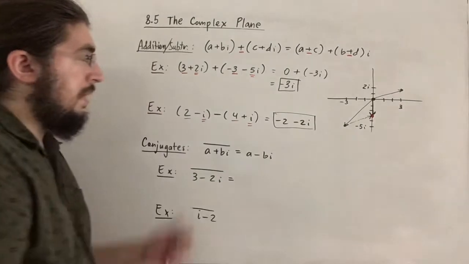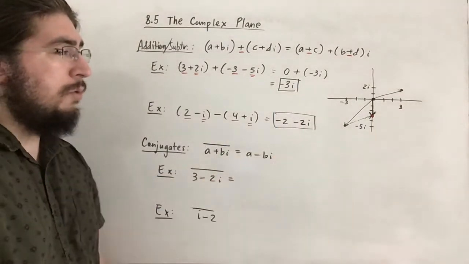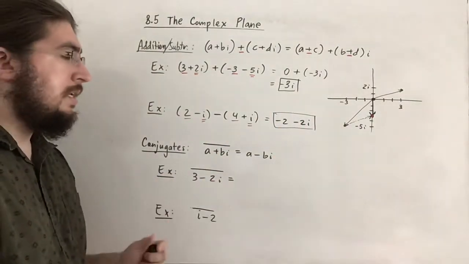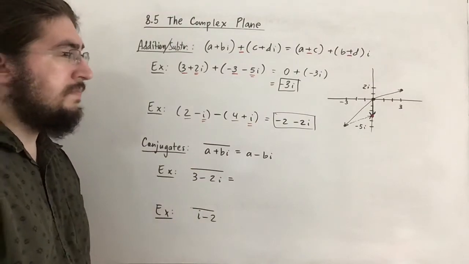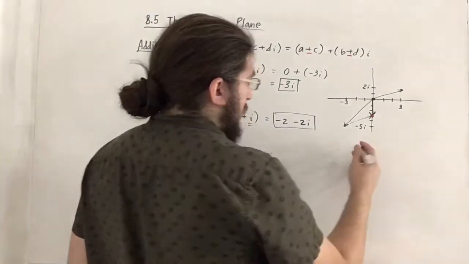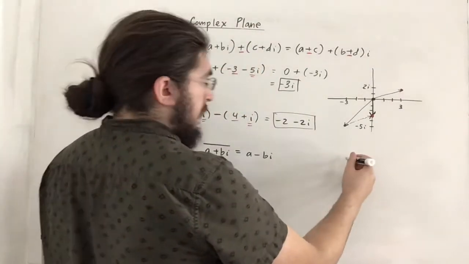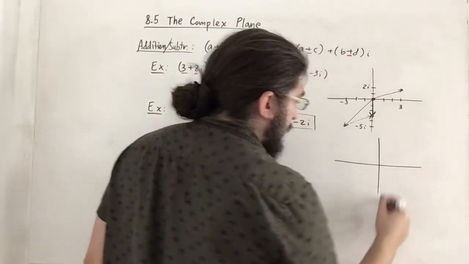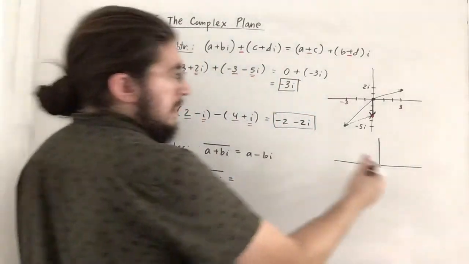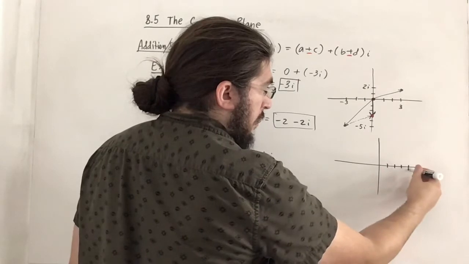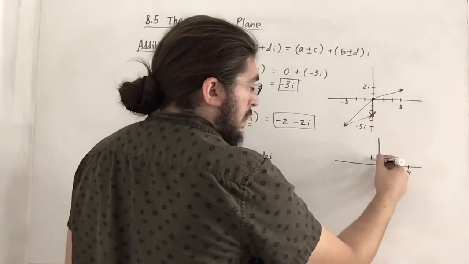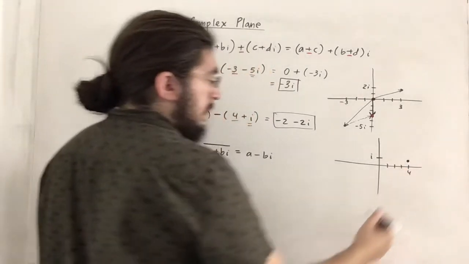And now I'll plot these 2 points and then plot this point so we can visualize the subtraction of vectors. So let's see if we can do that here. I think we'll be okay. So let's see, 4 plus i is going to be over here. Perfect.